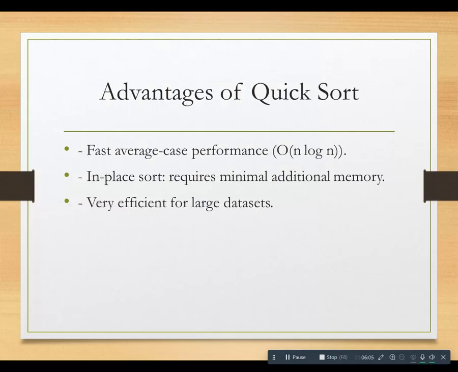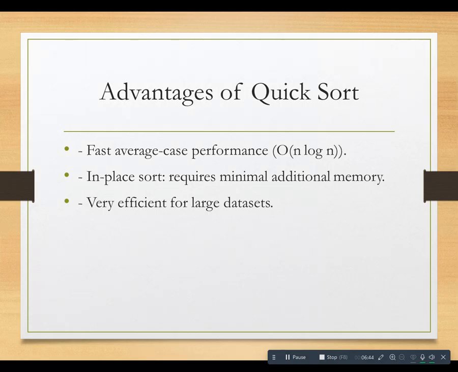So what are the advantages of quick sort? Its average case has a complexity of n log n. So this is quite fast, and n log n means it is also very efficient. It is an in-place sort, that means, as I have already mentioned earlier, that it does not require any more space apart from the space that is already allocated to it in the array, and it is very efficient for large data sets because it does not require too much space and has a complexity of n log n.